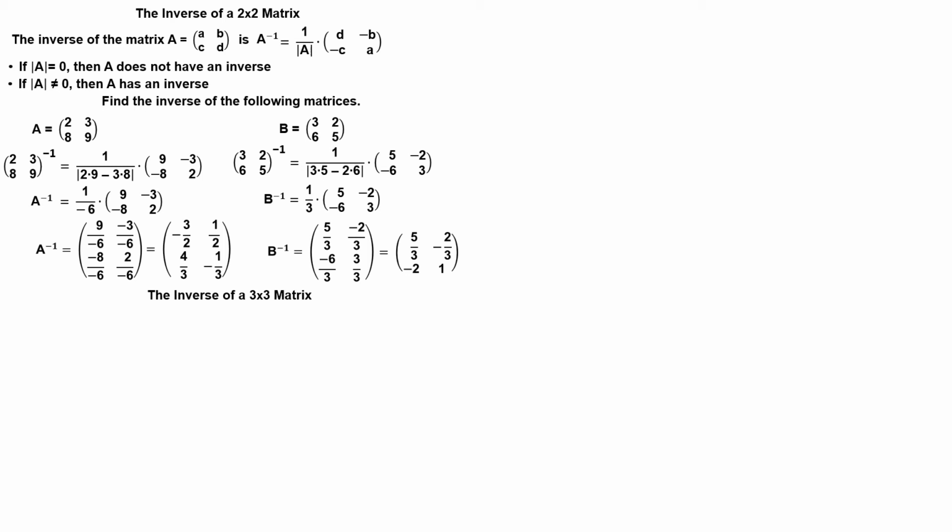To explain how to calculate the inverse of a 3 by 3 matrix, you should know what an adjoint of a matrix is. The adjoint of a matrix A is the transpose of the cofactor matrix of A. Find the adjoint of the matrix A. To find the adjoint of a matrix, first find the cofactor matrix of the given matrix.